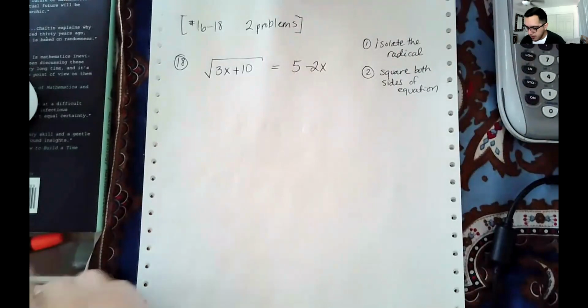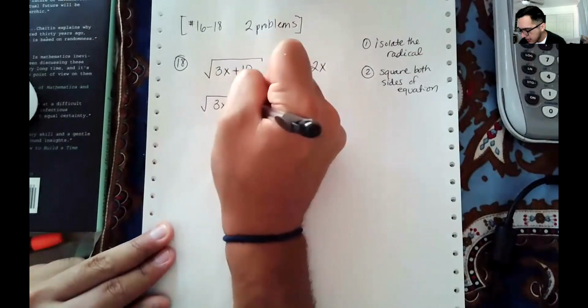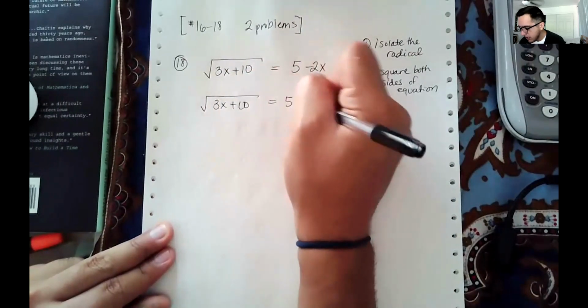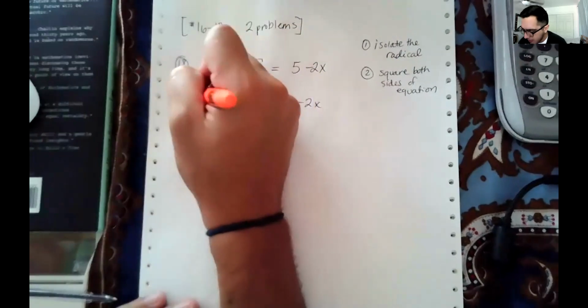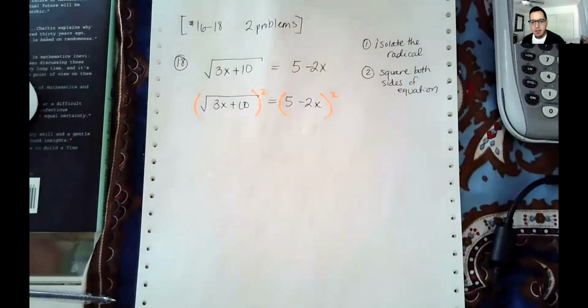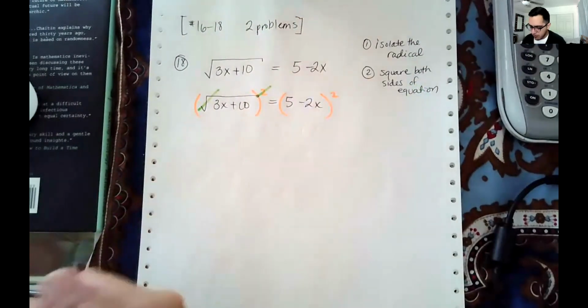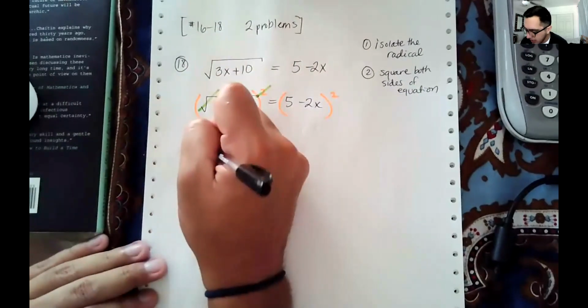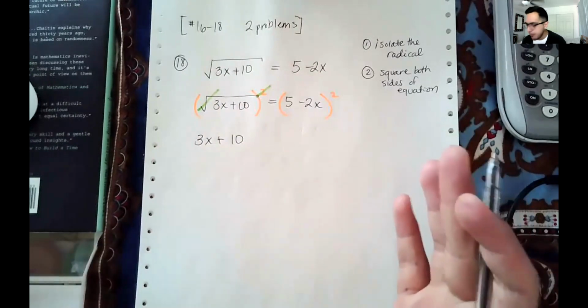So I'll go ahead and write this as 3x plus 10 inside the radical is equal to 5 minus 2x. And I'm just going to apply the second power to both sides so that I can finally cancel out my root and just have my 3x plus 10 by itself, no longer in the radical.